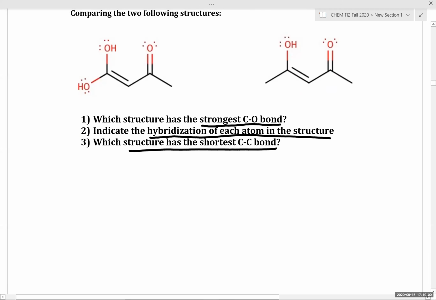Okay. So first and foremost, we need to draw each of our contributing resonance structures.